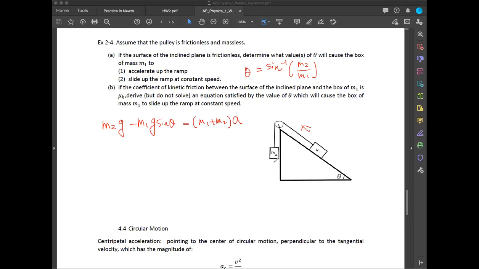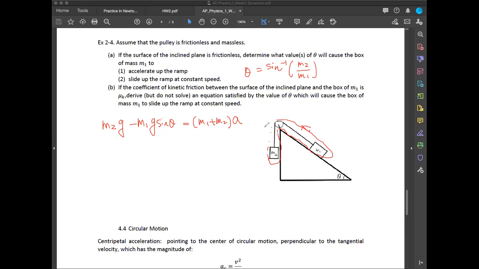I consider M1 and M2 as a system. You can do that, even though it's kind of a weird system. I can still consider that as a system, just like the question we did before. Since they move together, they share the same acceleration.